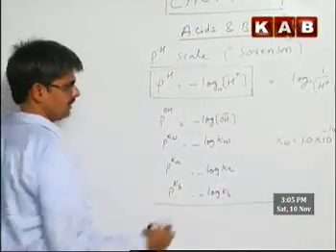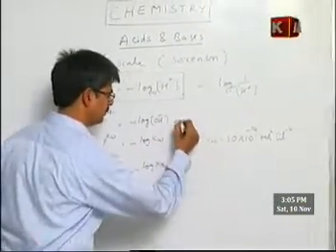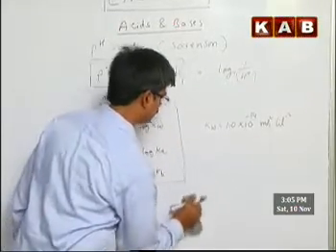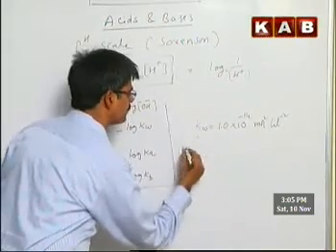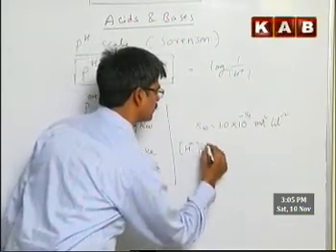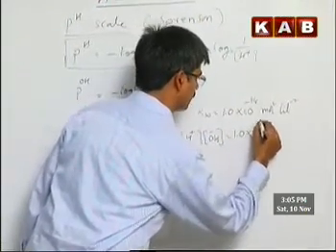Now here there is one more relation between the pH and pOH of a given solution that can be derived basically from the Kw value only. That is to say, Kw is known to us, which is equal to 10 to the power of minus 14, and Kw is the ionic product of water, which is also equal to hydrogen ion concentration into hydroxyl ion concentration, which is equal to 1.0 into 10 to the power of minus 14.